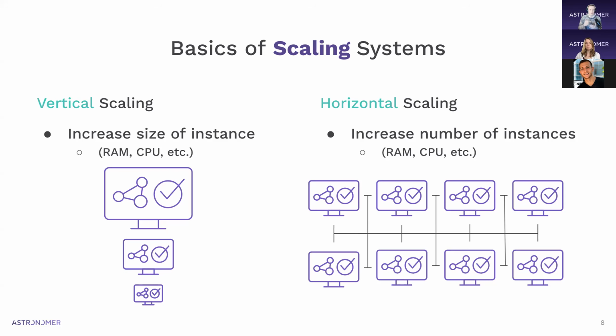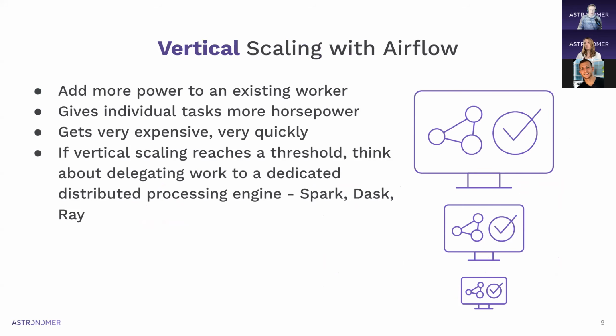And we'll talk about when to apply each one of these techniques. This can be applied to Airflow and also applies to really any system that needs more processing power and more horsepower, you could say.